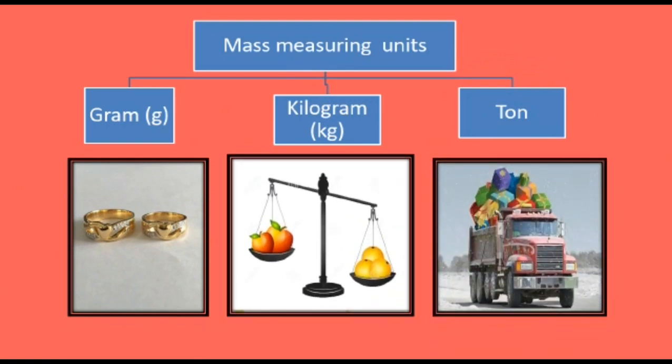We use gram for small masses, just like gold and silver. And we use kilogram for measuring heavy objects, just like fruits and vegetables. And we use ton for measuring very heavy masses or objects, just like cars, lorries, and houses.